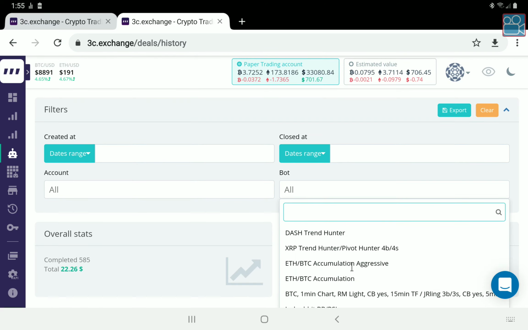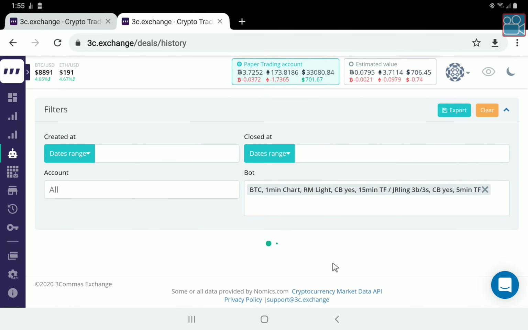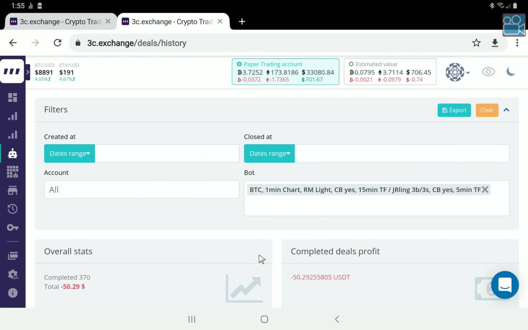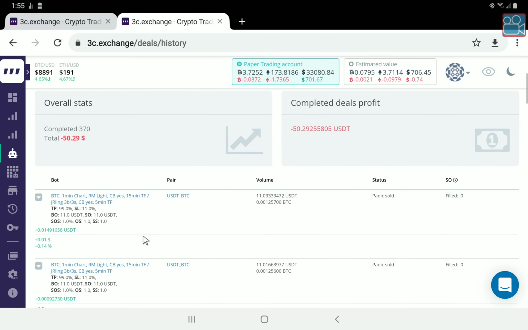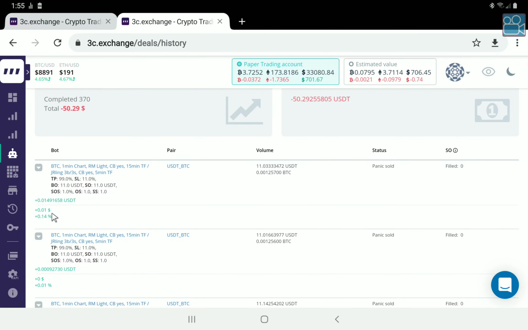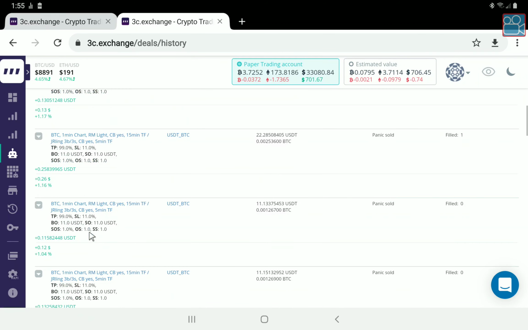Okay, let's go to the BTC one. This is the advanced one. It took a hit with the stop losses. More safety orders might help it, and it probably will help it, because as you can see, it really does do a good job.